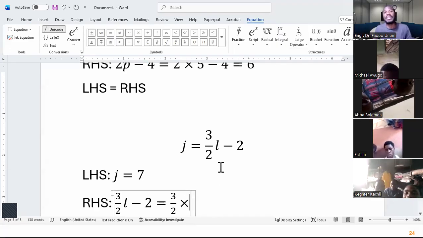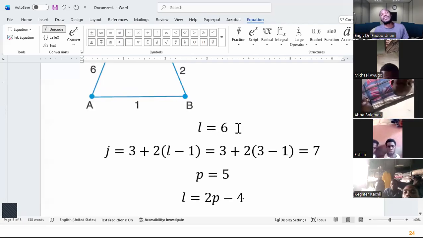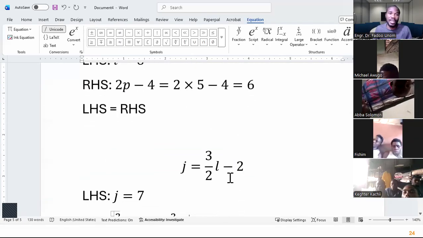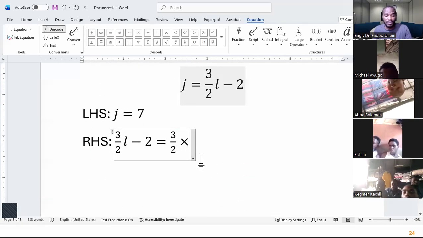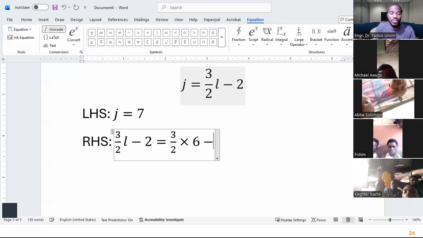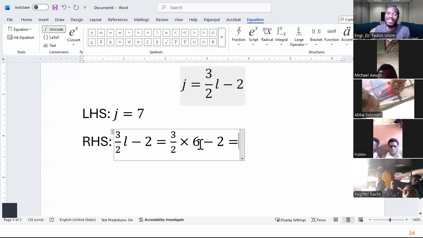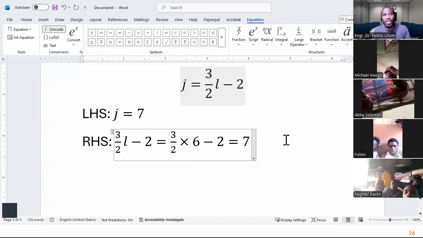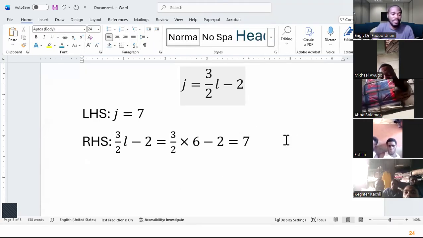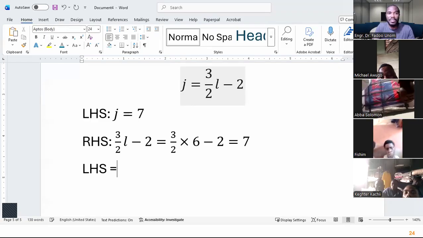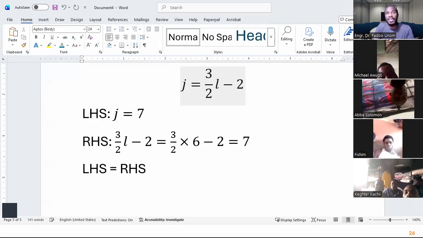How many links are there? There are six links, right? So we put 6 there and subtract 2 from it. Let's do the math. 3 times 6 is 18, right? 18 divided by 2 is 9. 9 minus 2 is 7, okay? So again, we can see very clearly that the left-hand side is the same as the right-hand side.